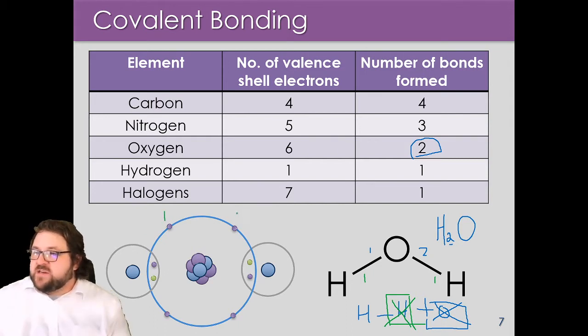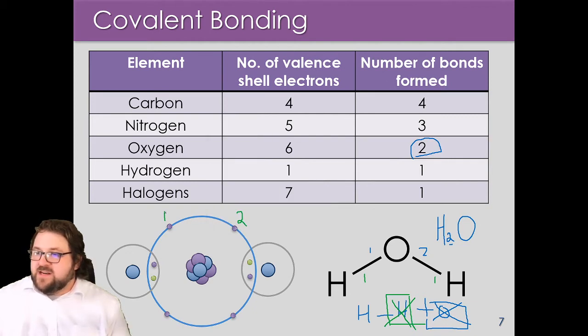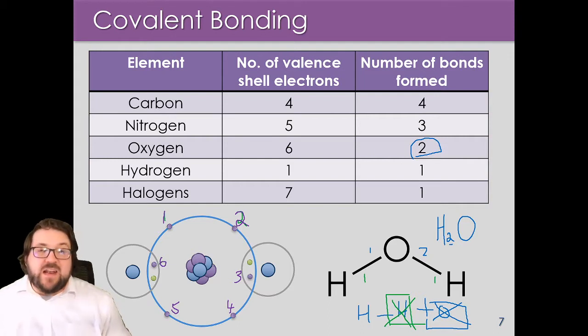I've represented those with the purple line, and actually perhaps I should be using a purple pen here to make it a little bit more obvious. So that's electron 1, electron 2, electron 3, and I'm just doing this in case you can't see the purple colours. 5 and 6. So those are oxygen's 6 valence electrons.